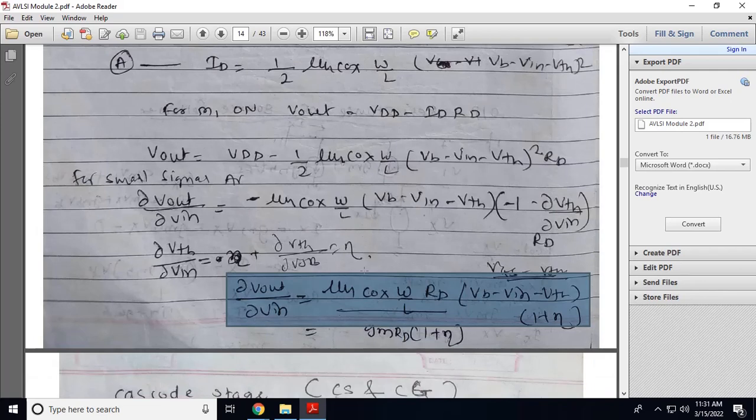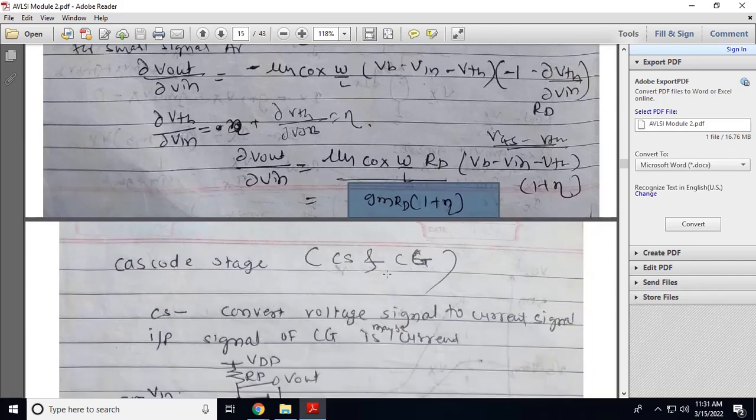If you see this equation, μn Cox W/L (VGS minus VTH) is the transconductance, that is gm. So voltage gain is equal to gm RD (1 plus eta). So this is the voltage gain for the common gate amplifier.